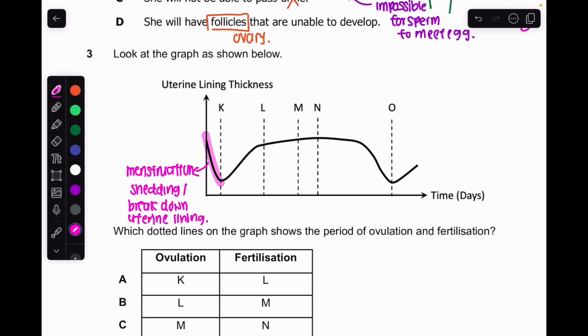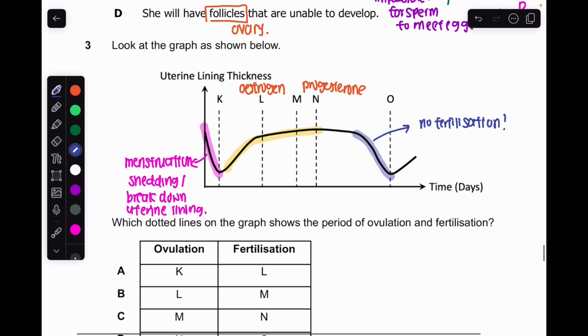Then after menstruation, you see the uterine lining start to increase in thickness once more. This is likely due to an increase in estrogen at the beginning, and then an increase in progesterone later on. But eventually we note in this graph that the thickness of the uterine lining went back down. This indicates that probably no fertilization has taken place, so we are looking at another round of menstruation.